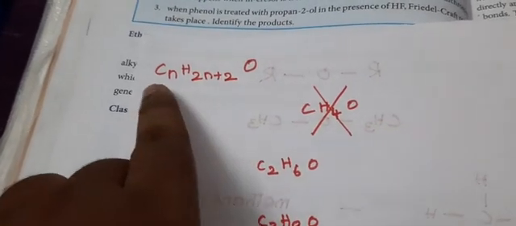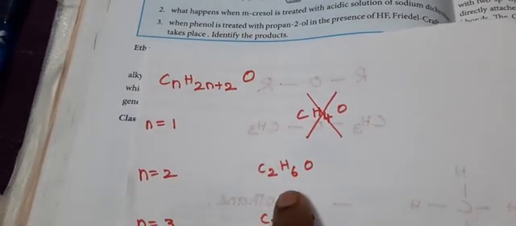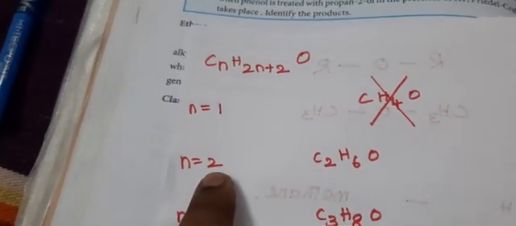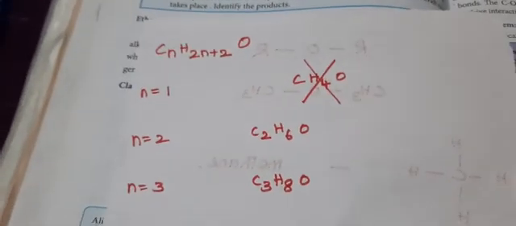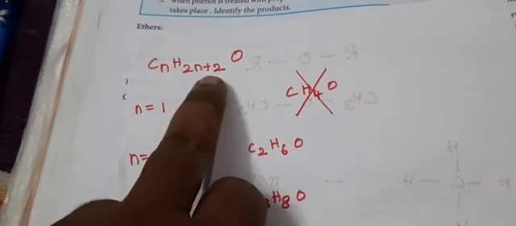Instead of n, you put 2, so C2 and H6, giving C2H6O. Like that, n equal to 3 gives C3H8O. n equal to 4 gives C4H10O.